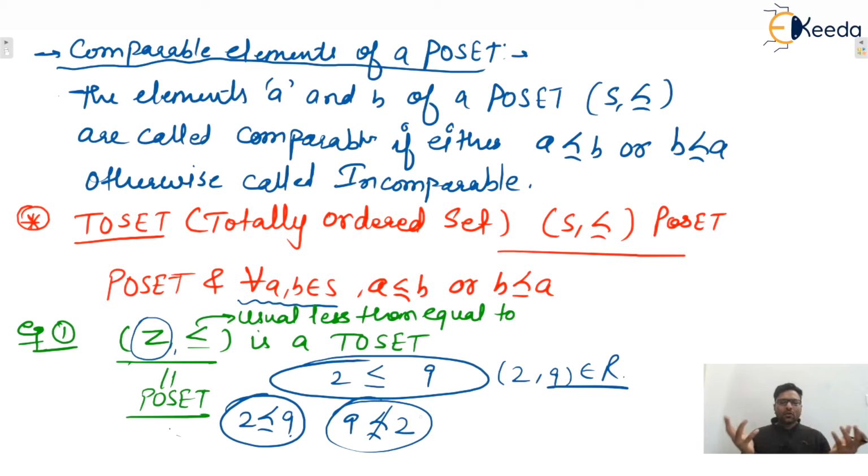So you can take any two integers, and one is guaranteed to be less than or equal to the other. So both elements will be comparable, and if every pair of elements is comparable, then that is known as a toset. So this one is a toset as well. Okay, next one.